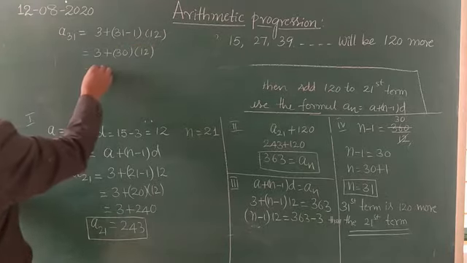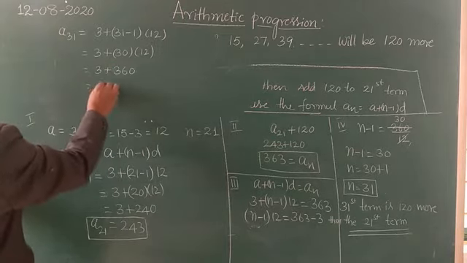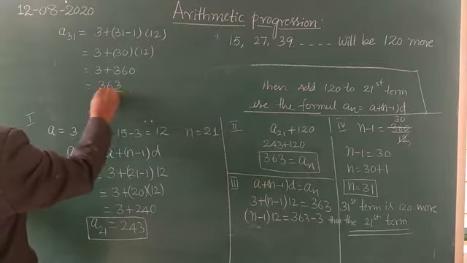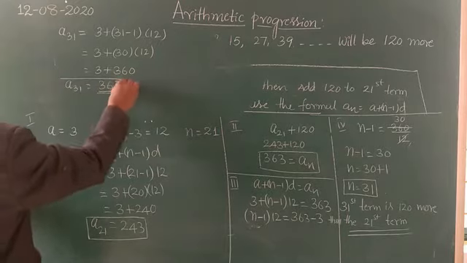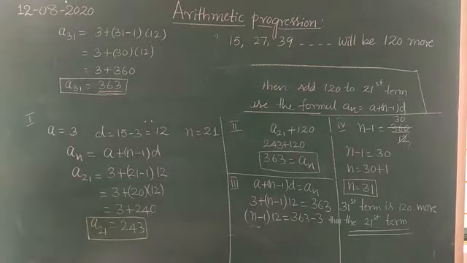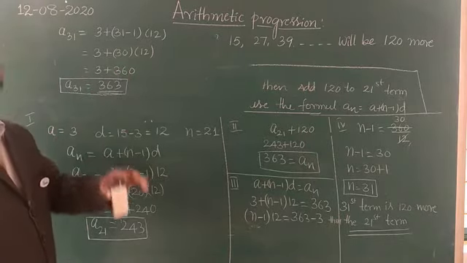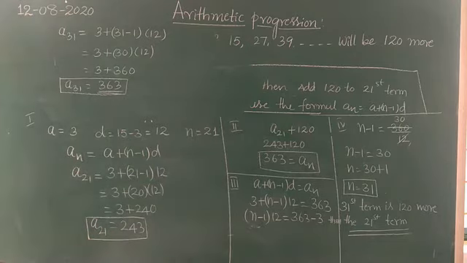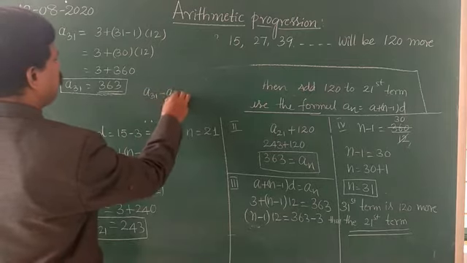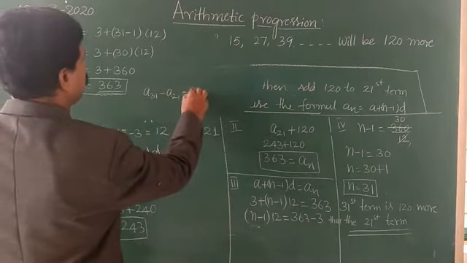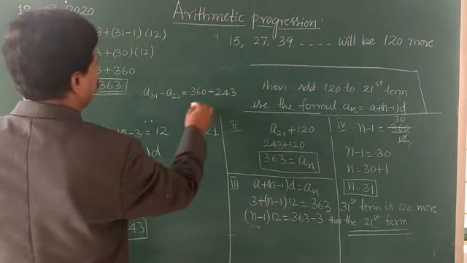Then in a given AP, we'll take one more of this type. This is A31. Now, is this 31st term 120 more? So look at this, A31 minus A21. 360 minus 243.